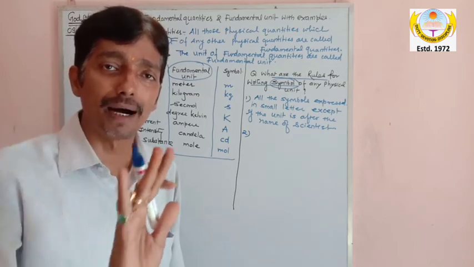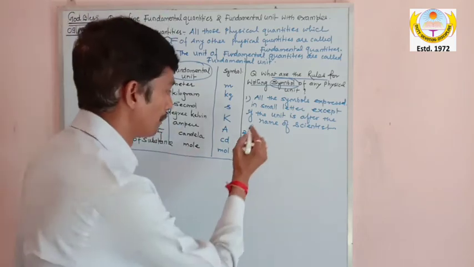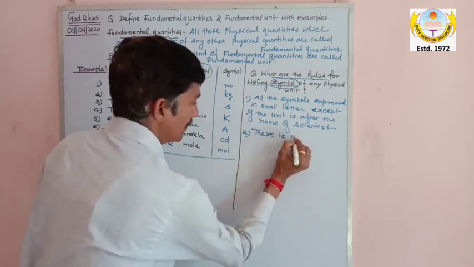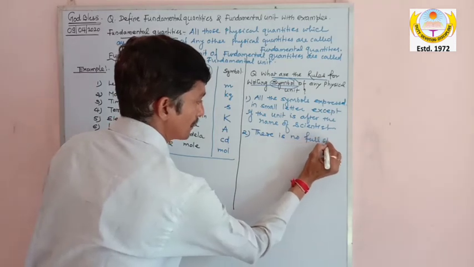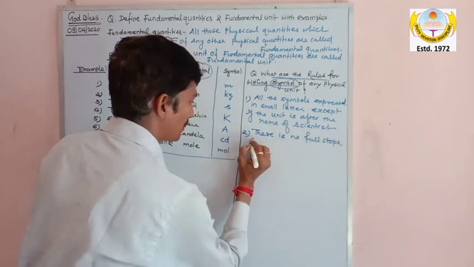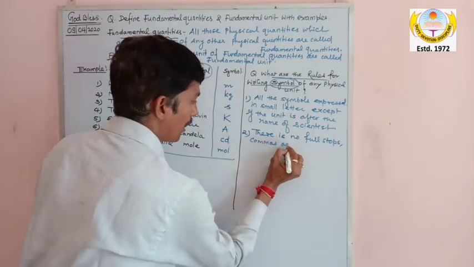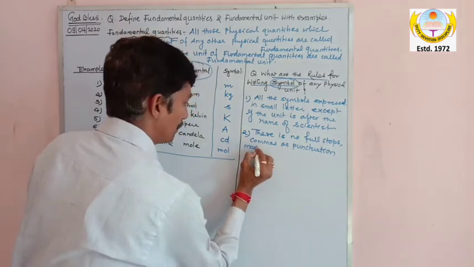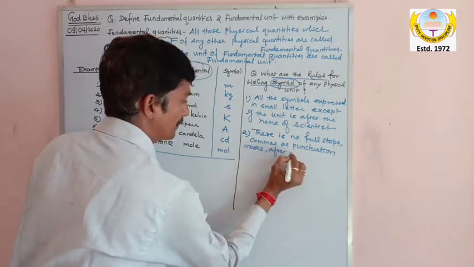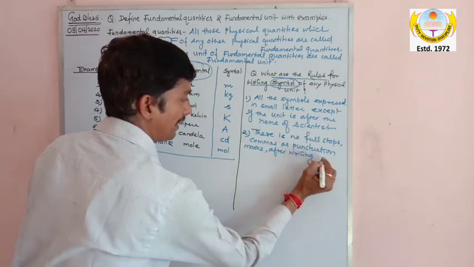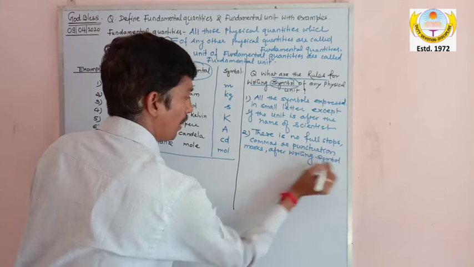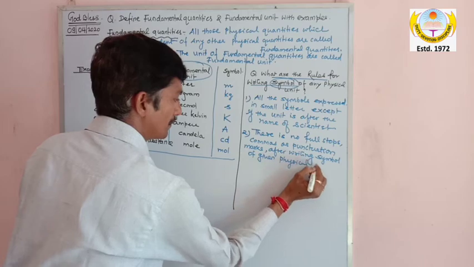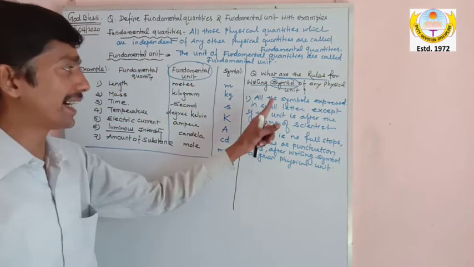So point number 2: there are no full stops, commas or punctuation marks after writing the symbol of a given physical unit. This is the second rule.